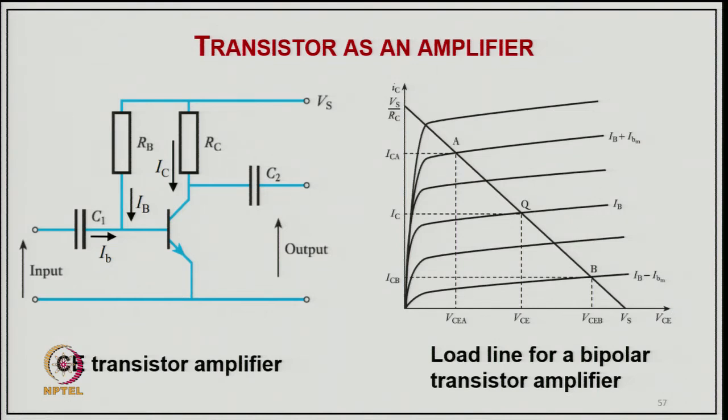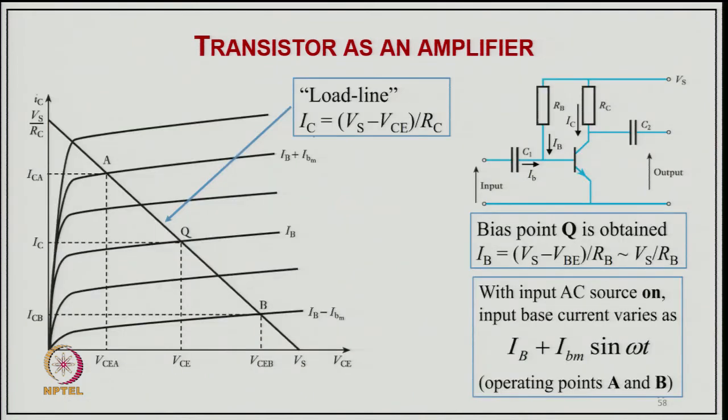Q is the quiescent point where only the DC signal is flowing, but over it you will have an AC going up and down, and it remains always positive; similarly the upper side also goes up and down over the quiescent point. The AC signal will be moving on this line, which we call the load line for the bipolar transistor amplifier.